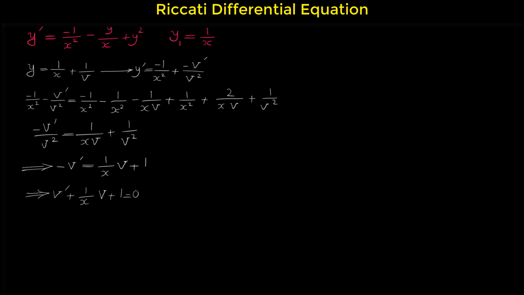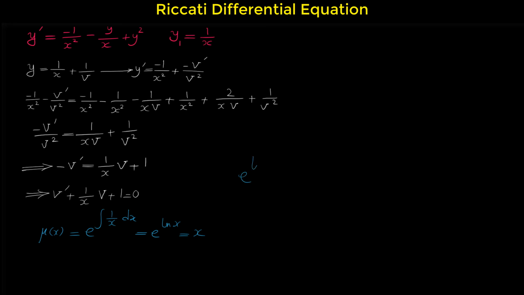First, for finding the integrating factor, we name the integrating factor mu of x, equal to e to the power of the integral of whatever is here: the integral of 1 over x dx. The integral of 1 over x is ln of x. And e to the ln of x is x.